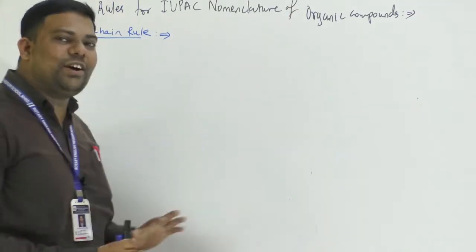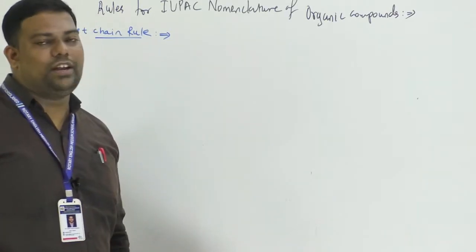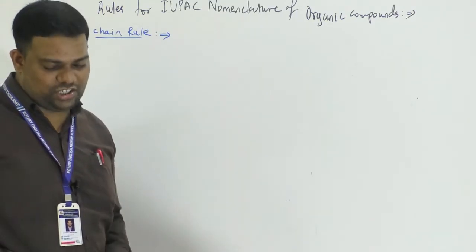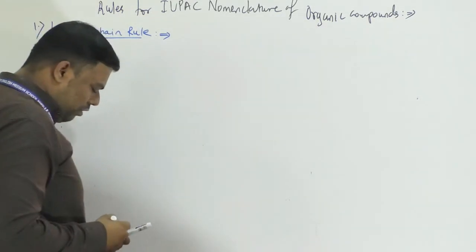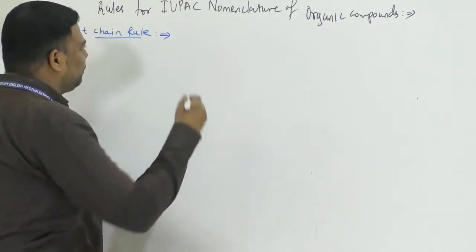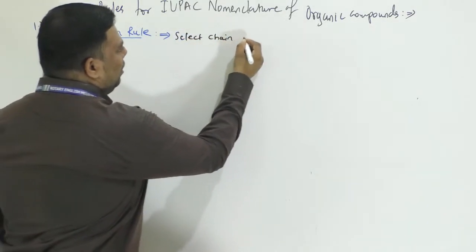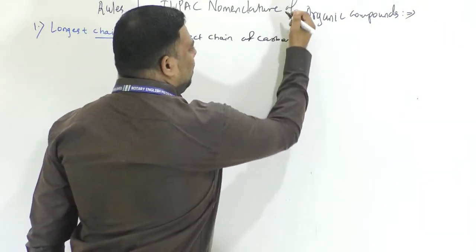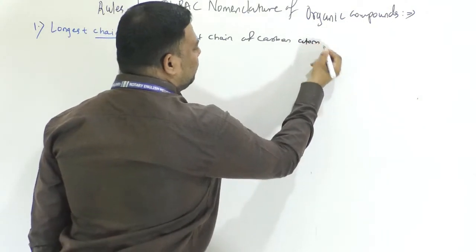If any organic compound is there, your straight chain, branch chain, aliphatic carbon atom, your first duty is to select the longest chain. So you have to write: select chain of carbon atom.